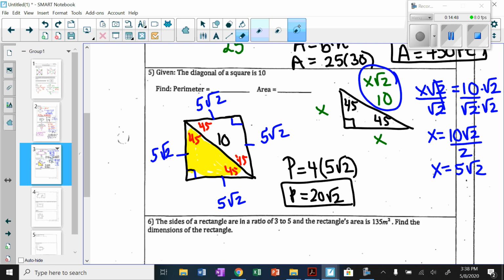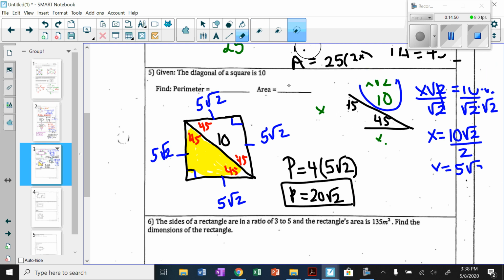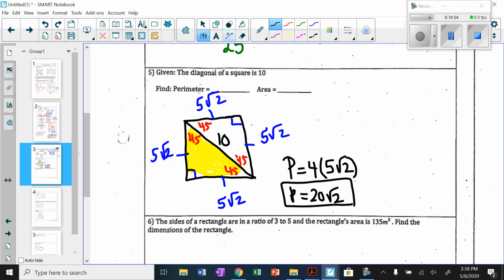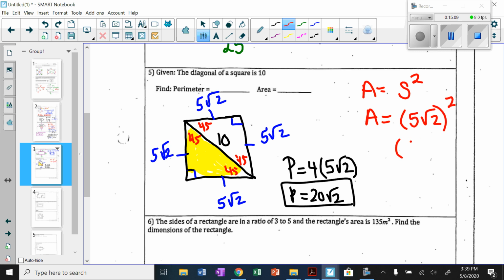And the area, let's erase this and make some room here. It's side squared, so the area is going to be 5 root 2 raised to the second power, which is 5 root 2 times 5 root 2. 5 times 5 is 25.